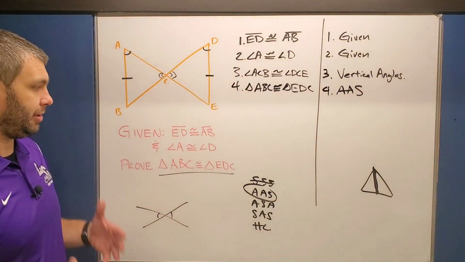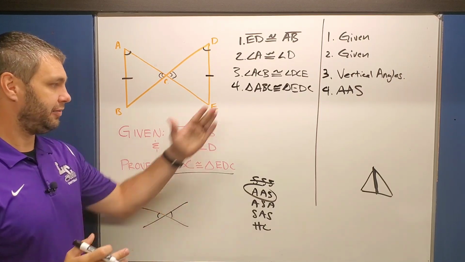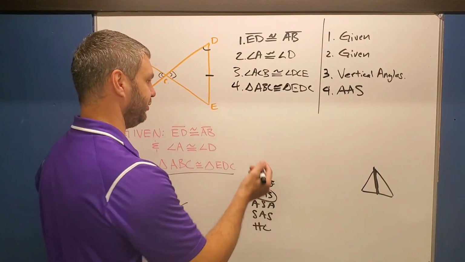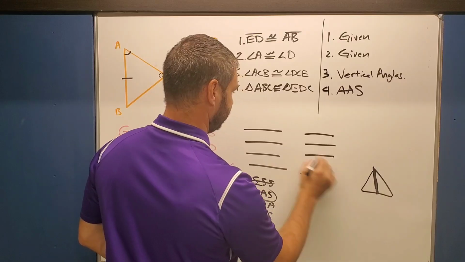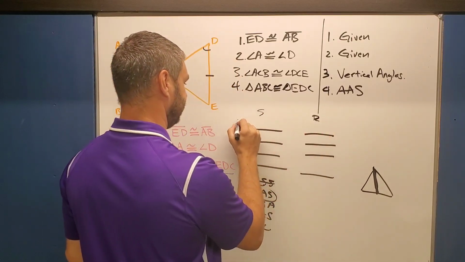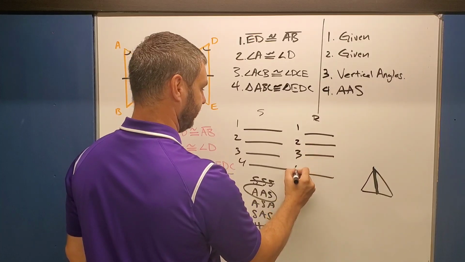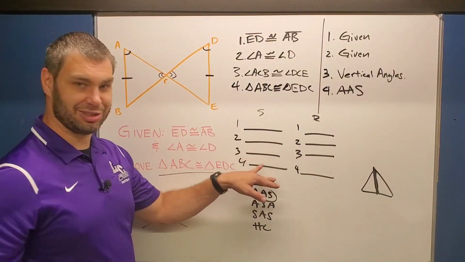Okay, now a couple other things you might want to note. If this helps, you can be done with the video, of course, but let's say you're given these 4 lines with the statements and the reasons, numbered 1, 2, 3, 4, and you have no clue. Don't get 8 points off on this problem.